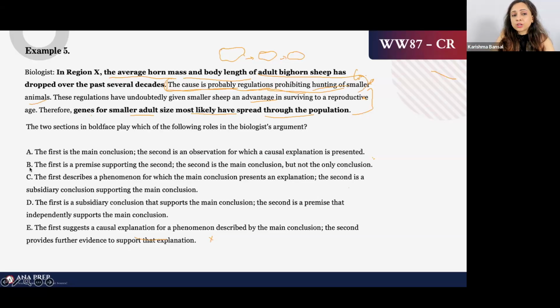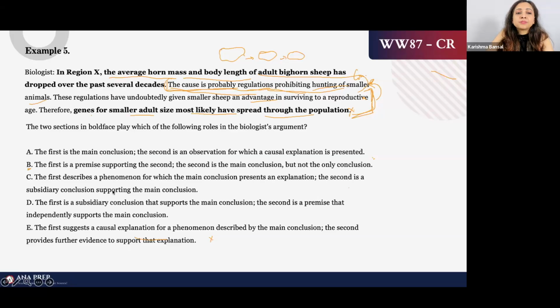Looking at option B again: the first is a premise supporting the second. Yeah, kind of. It's an observation which is supporting this. That's fine, nothing conflicting there. The second is the main conclusion, but not the only conclusion. Do you understand why this is wrong? Because the second is not the main conclusion. It is the intermediate conclusion. It is not the only conclusion, that is also correct, but the main conclusion is that the cause is probably regulations. The other two statements are supporting this main conclusion.